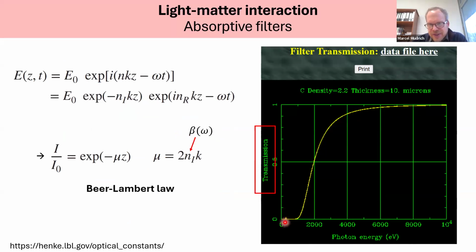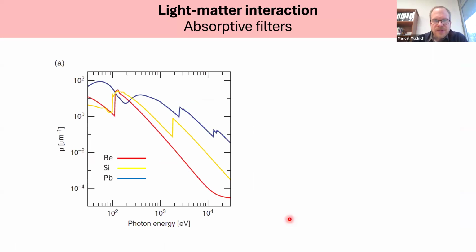But even there, you can see a small peak up here or down here at 300 electron volts, actually, which, if we would take a slightly thinner layer of carbon, then we would see that there is also a pronounced step. So these steps occur for almost all materials. Where do they come from?